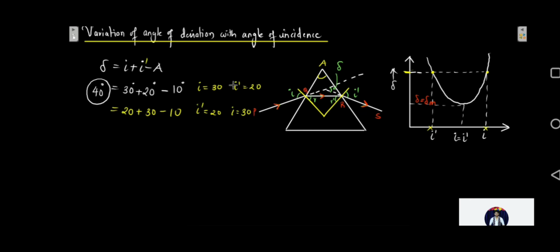That means supposing I set the value of angle of incidence as 30, the angle of prism is fixed as 10, the angle of deviation I get here is 40, and the angle of emergence I get here is 20, let's say.